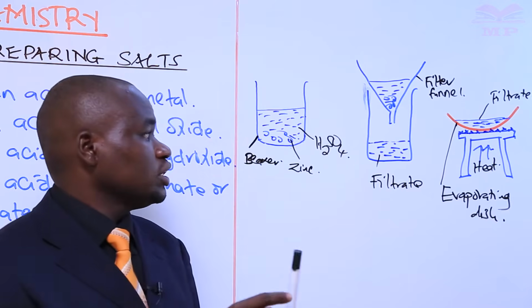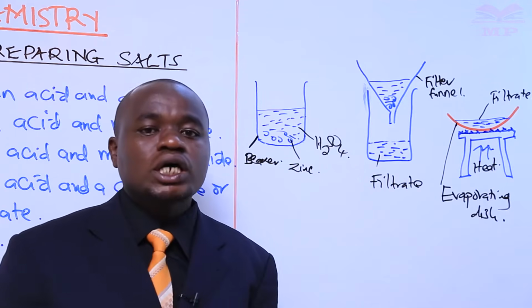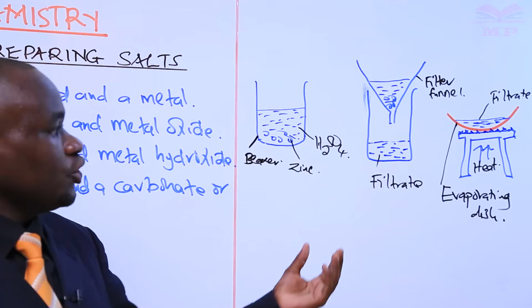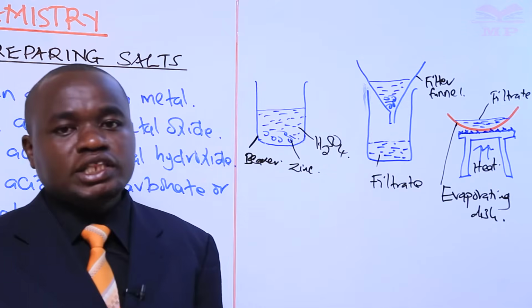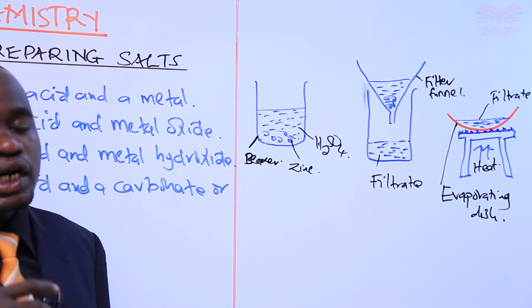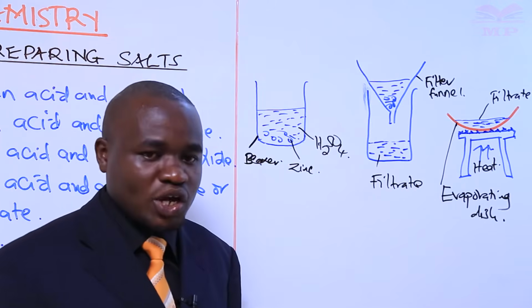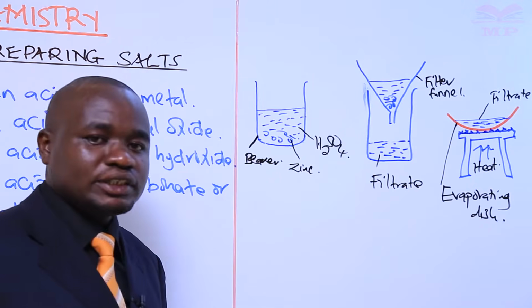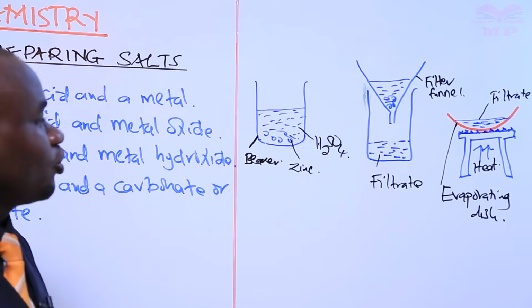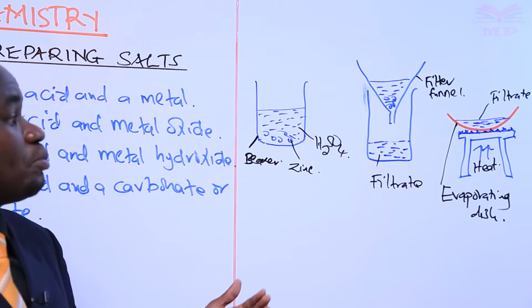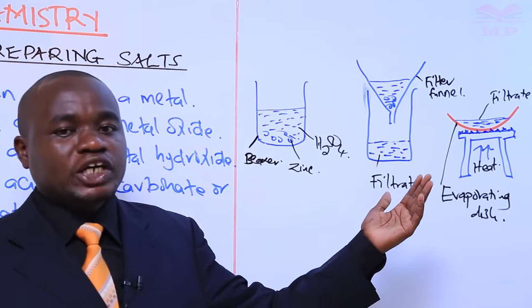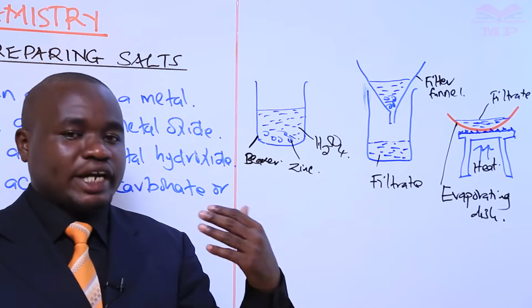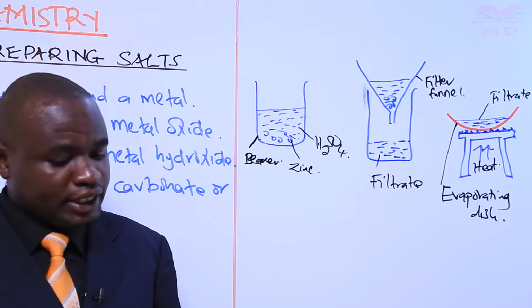That means the solution is now ready to form crystals. Then after that, you remove it from the source of heat, and you allow the salt solution to cool. After cooling, it will form zinc sulfate crystals.